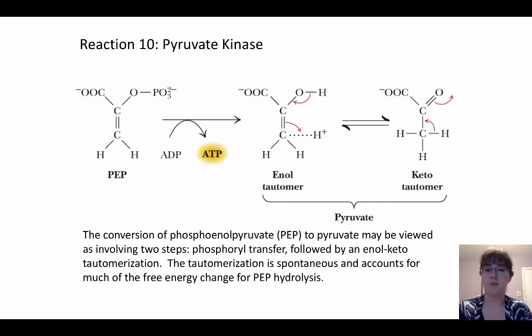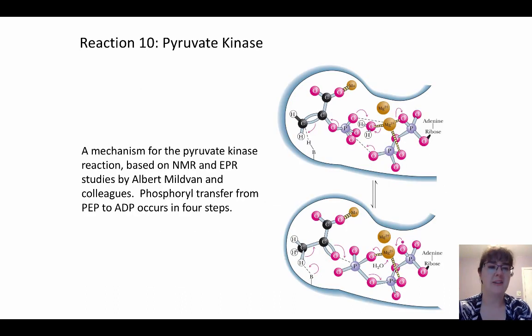The substrate level phosphorylation does still happen spontaneously, but just barely. That enol-keto tautomerization is the part that is more favorable and helps make this entire reaction overall favorable. The mechanism that involves the transfer from phosphoenolpyruvate to ADP does actually have 4 different steps in here.